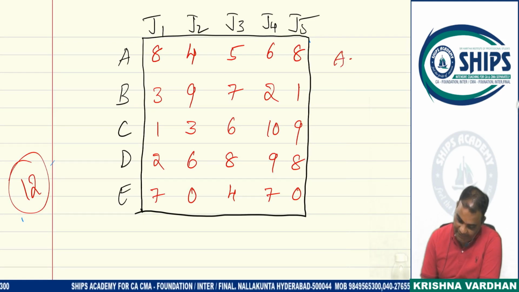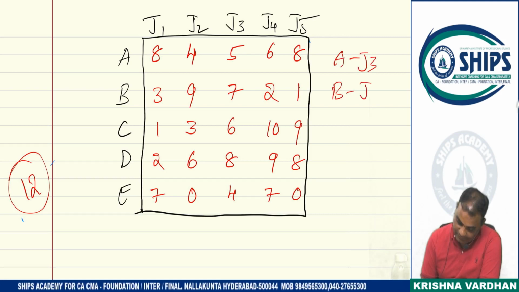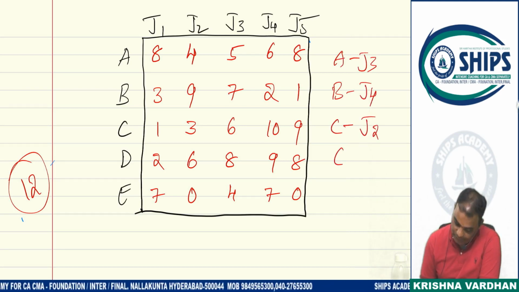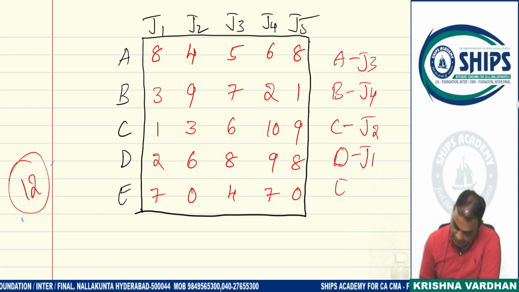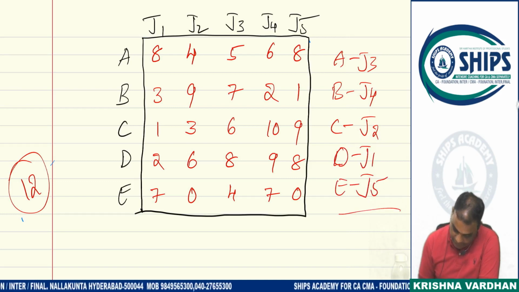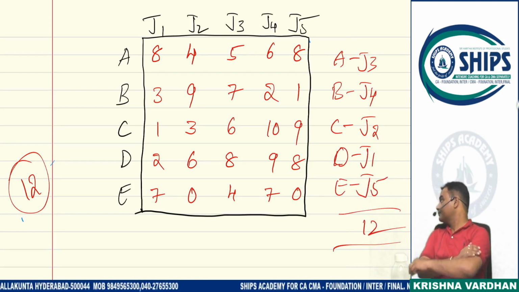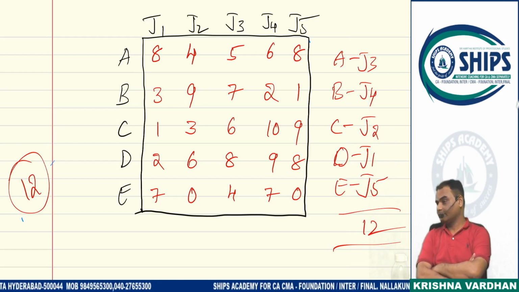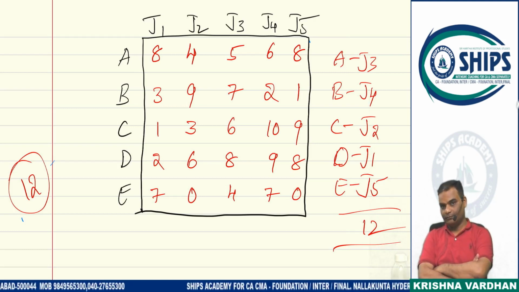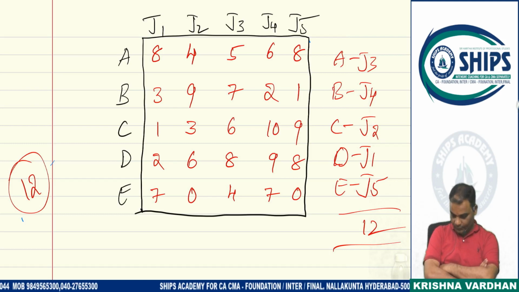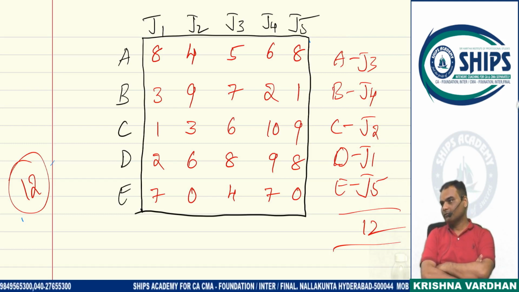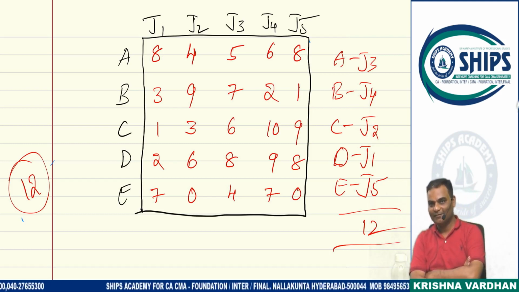A, J3, B, J2. 12. Let us see. Same answer? Oh, good.